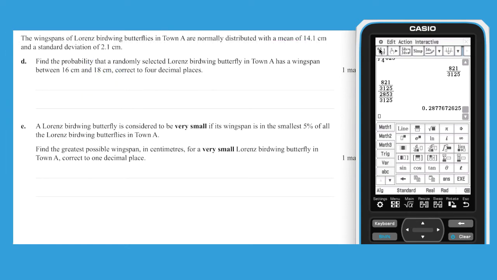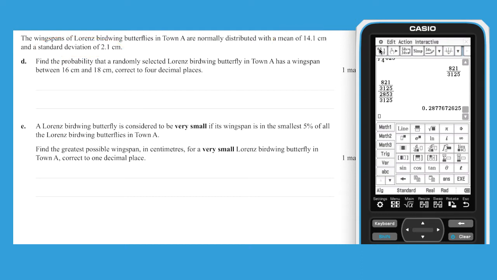Part D. The focus of this question now moves to the butterfly's wingspan, which can be modelled by a normal distribution. The probability of a butterfly having a wingspan between 16 and 18 centimetres can be found by using a normal distribution with the mean of 14.1 centimetres and a standard deviation of 2.1 centimetres.